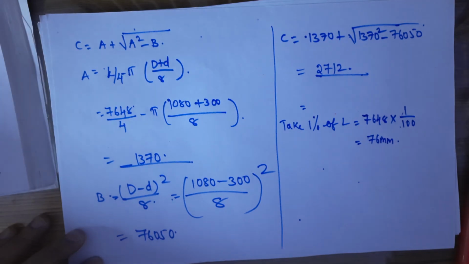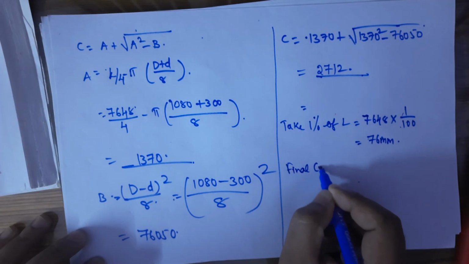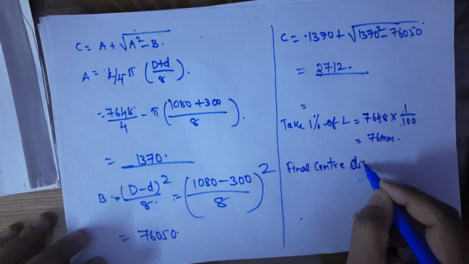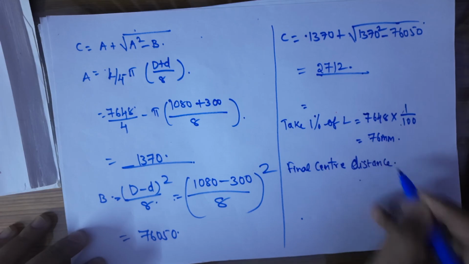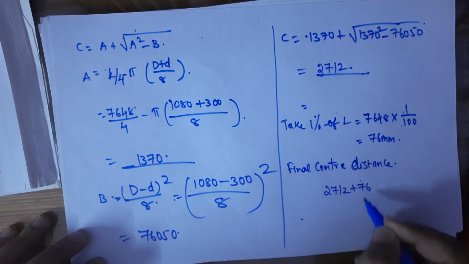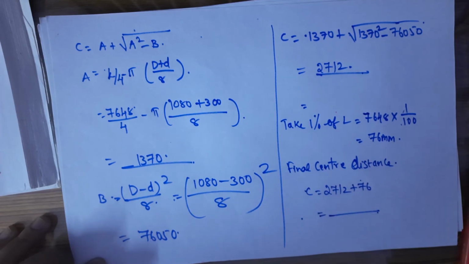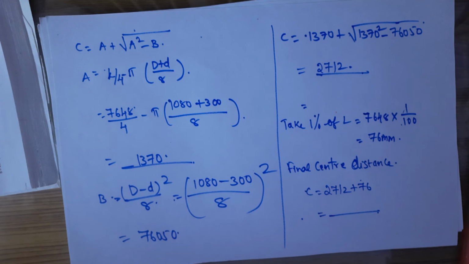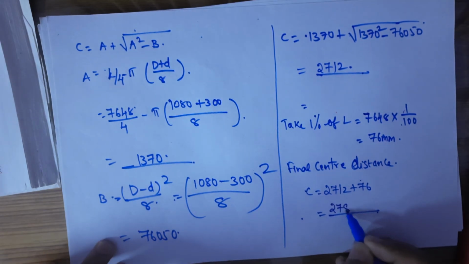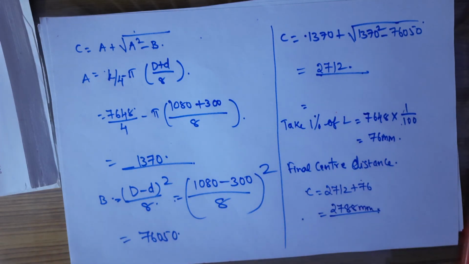Okay, final center distance 2712 plus 76 is equal to 2788. Okay, so this is the final center distance.